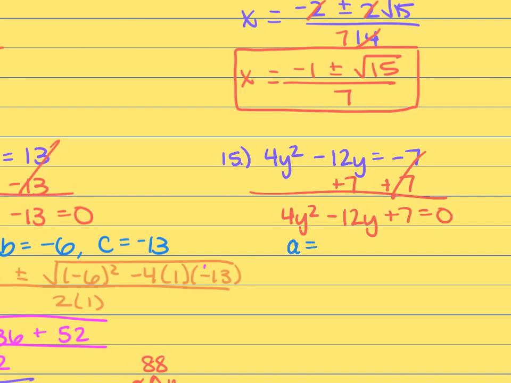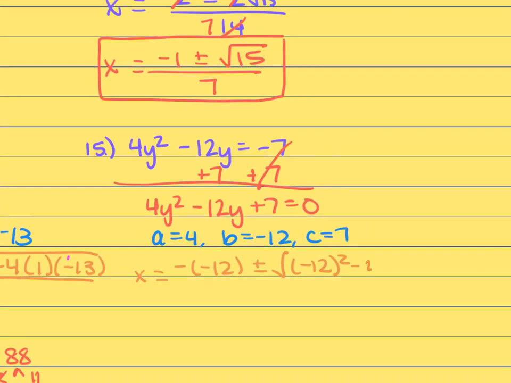Our a is 4, our b is negative 12, and our c is 7. So x is equal to a negative times negative 12 plus or minus the square root of negative 12 squared minus 4 times 4 times 7 all over 2 times 4.